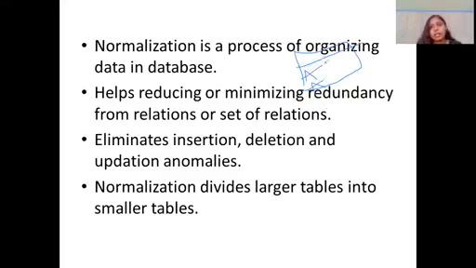This creates duplicacy of data, which is called redundancy of data. We have to make sure this is minimized as much as possible, and this is done by using a process called normalization. Normalization will help us reduce redundancy in tables.